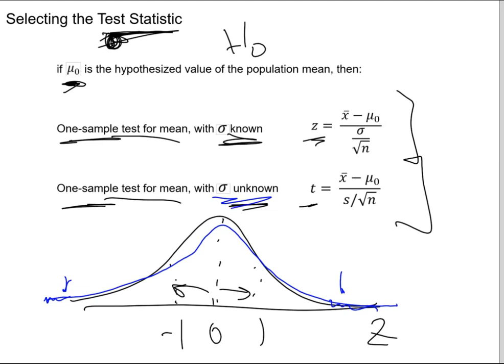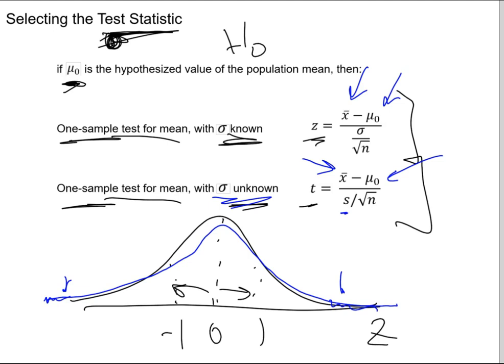But notice, the structure of these things look very, very similar, right? In the numerator, we're looking at the sample average minus whatever we thought the null to be, and we divide by the standard deviation divided by the square root of the number of observations.